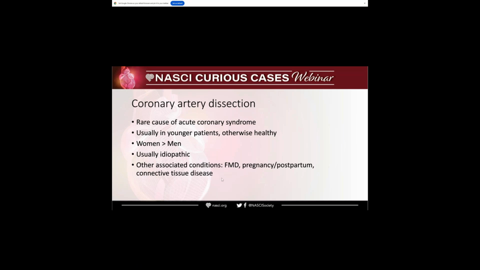If you have a patient who has fibromuscular dysplasia, or is pregnant or in the postpartum phase, or even patients who have connective tissue disease such as Marfan, those are the patients that you have to be very vigilant about if they come with chest pain. You have to think about it, because if you don't think about it, you won't look for it, or the clinician will not think about ordering this important scan to find this finding.